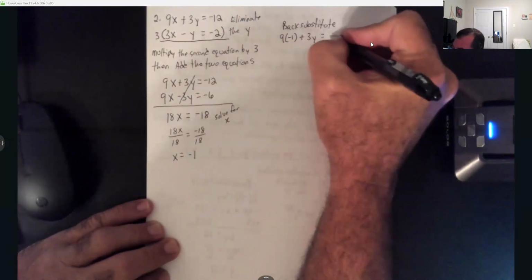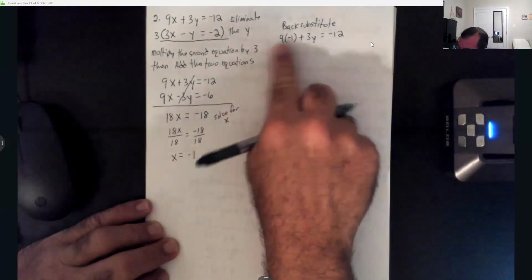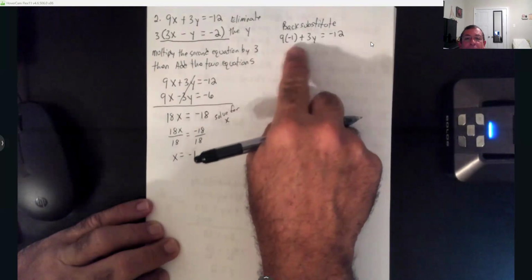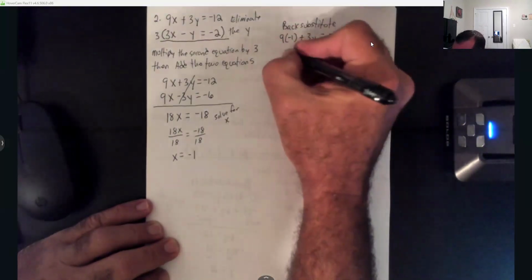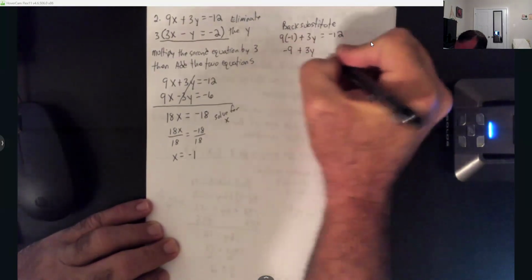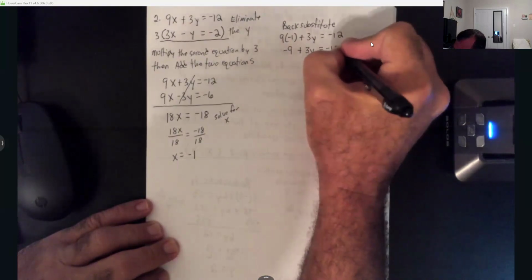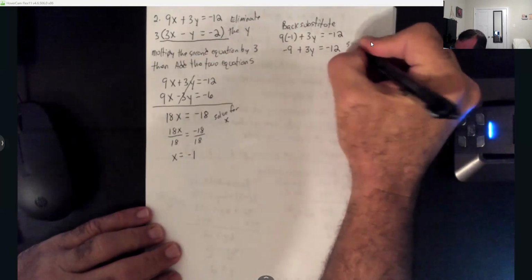That's going to equal that -12. Okay, so we're just plugging into my first equation here. So I can multiply that 9 times -1 and get a -9 plus 3y equals -12. And now, y'all, we're just going to solve for y.